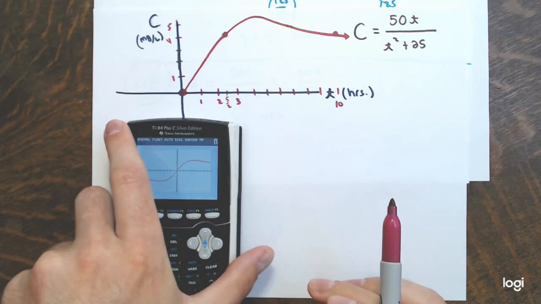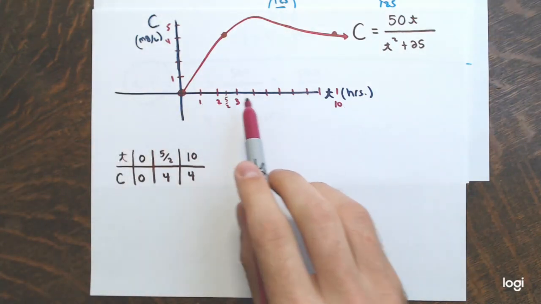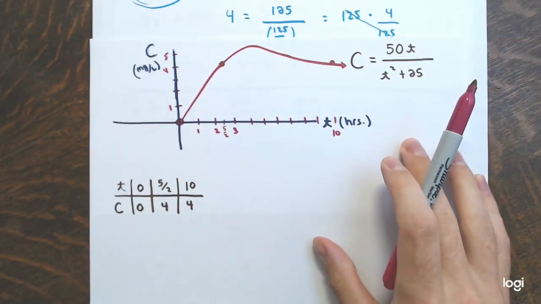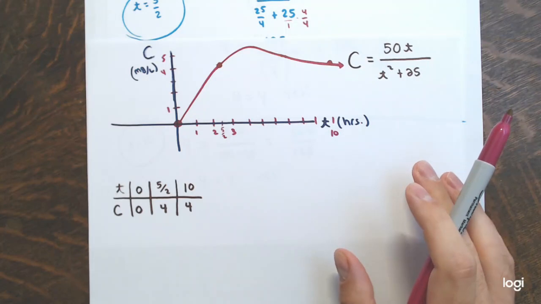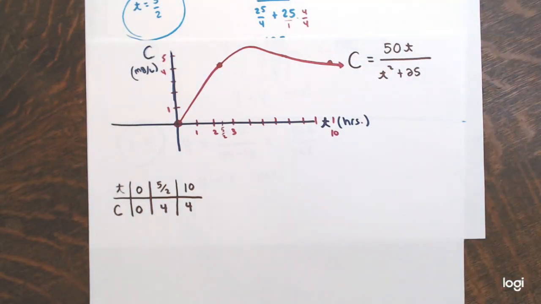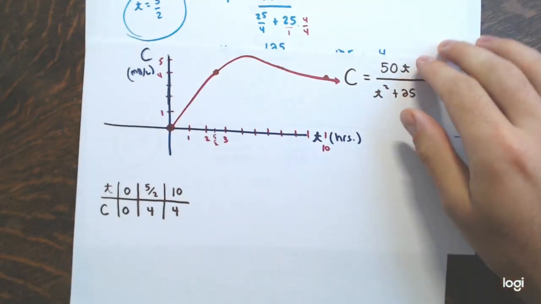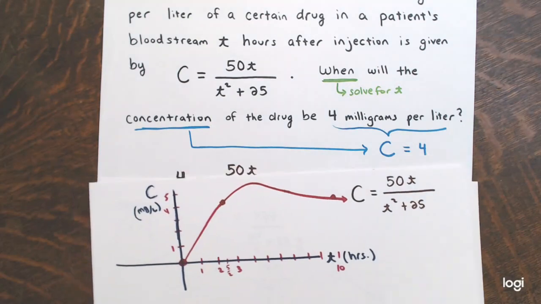Notice I'm only focusing on the right half where time is positive, because we're talking about time since an injection, so there's no need to look at negative time. Before the injection, you had none of the drug in you. All right, so let's look at which answer makes more sense, if not both of them.